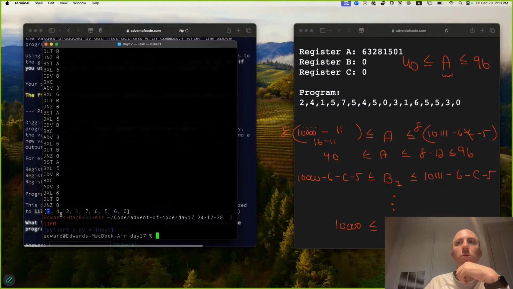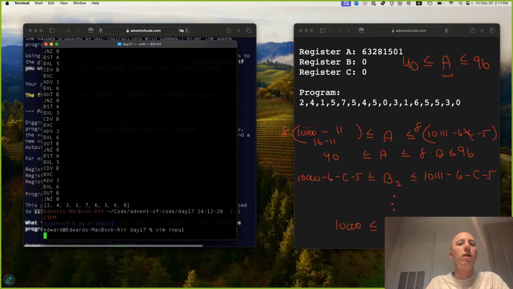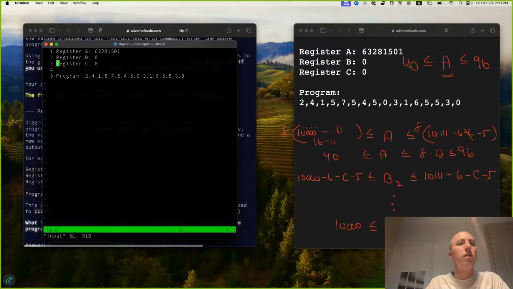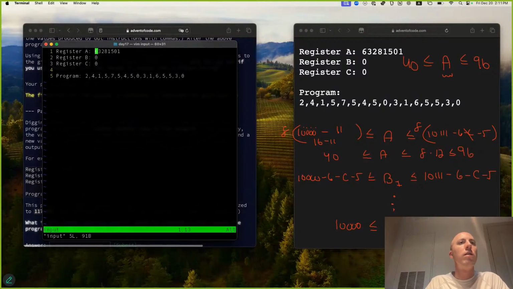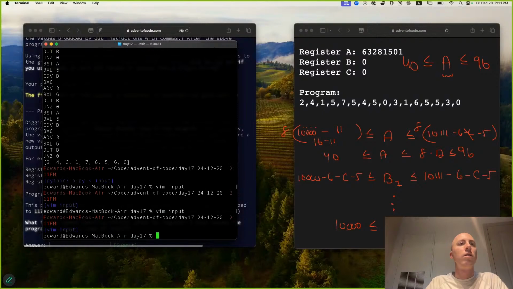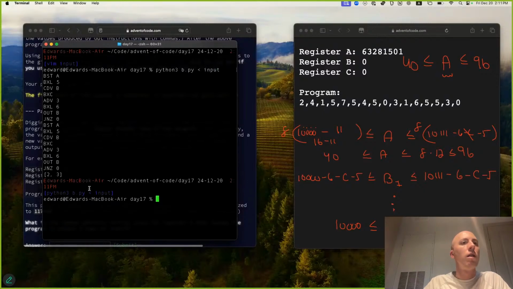Looks like the output of 3. Just curious if we, oh wait, oh no, hold on, the input. Okay, so we output a 2.